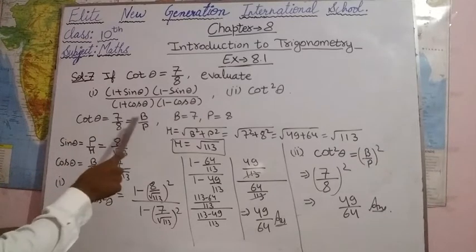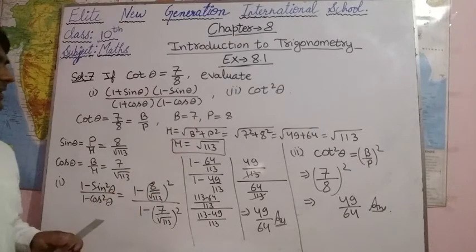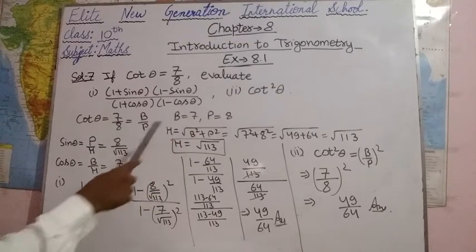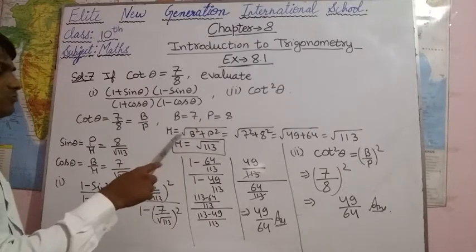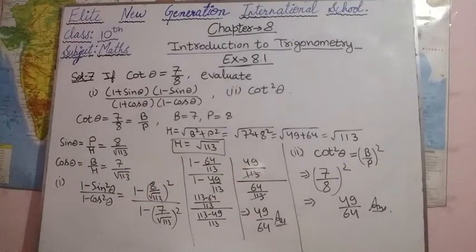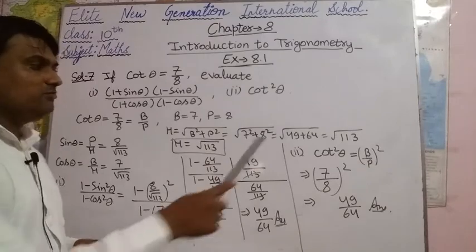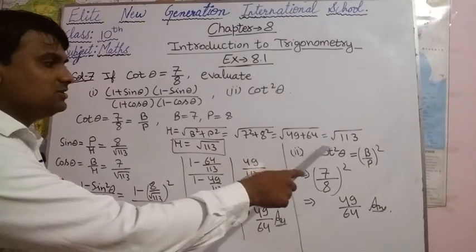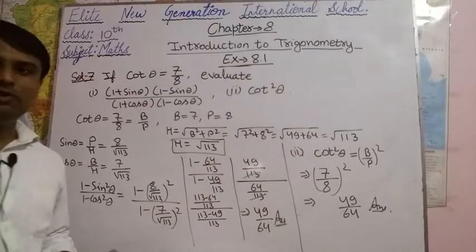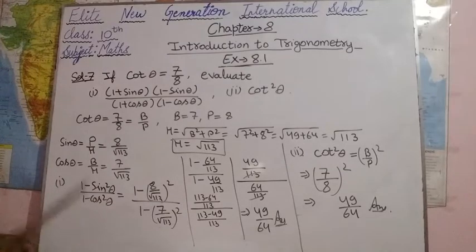So base is 7 and perpendicular is 8. First we can find the value of hypotenuse. It will be h equals under root b square plus p square. So under root 7 square plus 8 square, which is under root 49 plus 64, so under root 113.